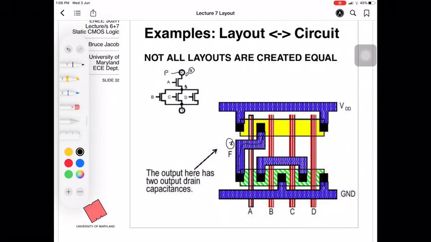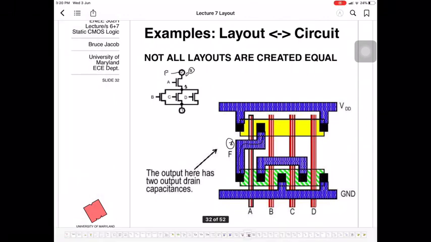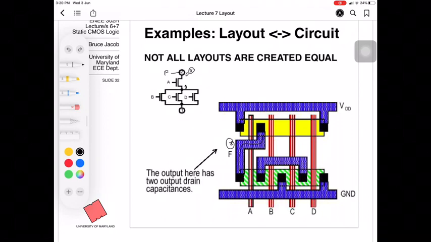Okay, so what we need to do is just to draw the Pmos circuit, the complementary circuit, to complete your layout. So in order to draw the Pmos, here we look at the NMOS.